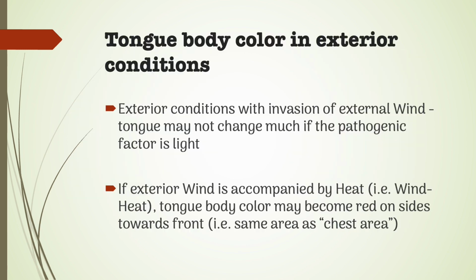In exterior conditions with invasion of external wind, the tongue may not change much if the pathogenic factor is light. In some cases, the tongue coating may change. If the exterior wind is accompanied by heat, wind heat, the tongue body color may become red on the sides towards the front, the same area as the chest area.